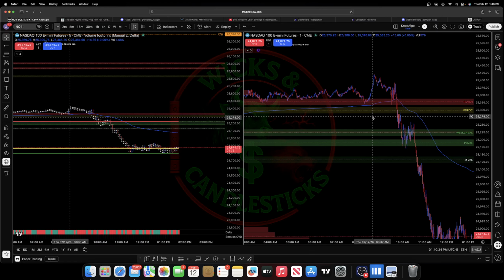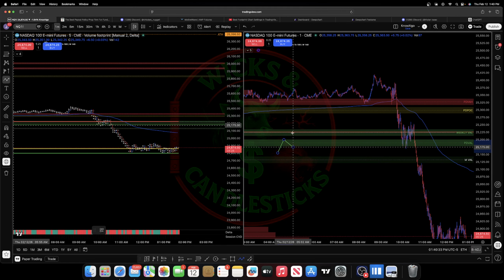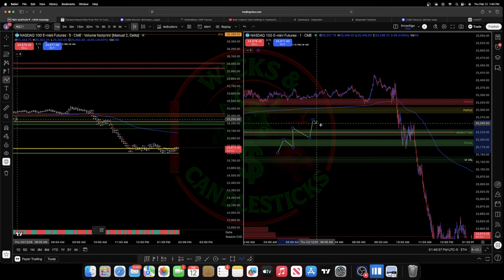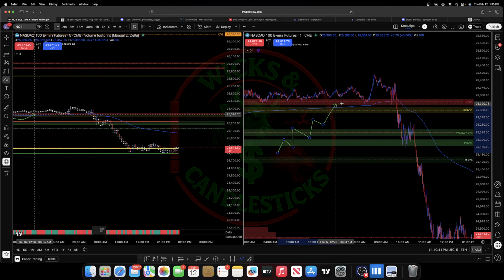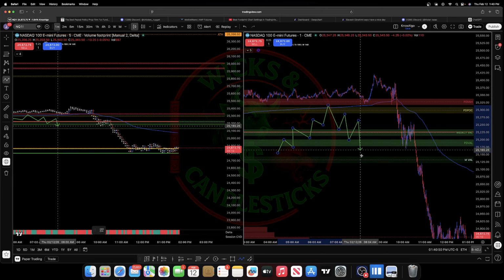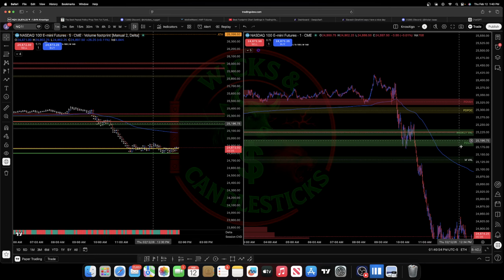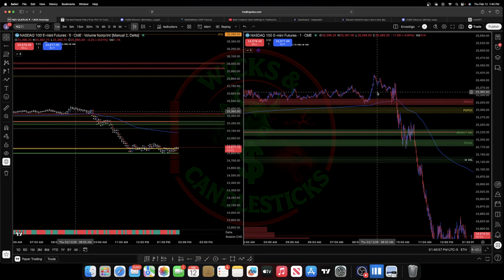Like I shared before, if price was down here making its moves up, you would look for price to come off of here and start making its way down, and it'll be vice versa for the previous day value area low.